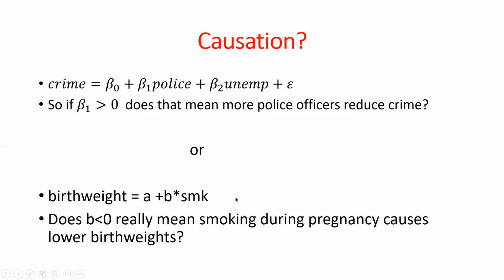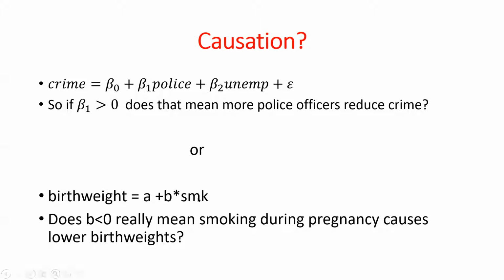But the problem is we've left out a lot of important variables, right? Birth weight of a child has a lot of other influences than just smoking while pregnant. So one that would be a good idea to include is maybe the income level of the mother, right? Higher income levels have more access to healthcare, more access to higher quality foods, more access to, I don't know, prenatal care.